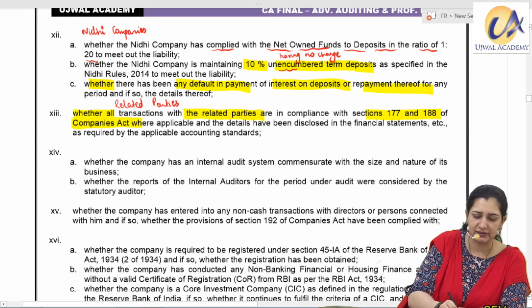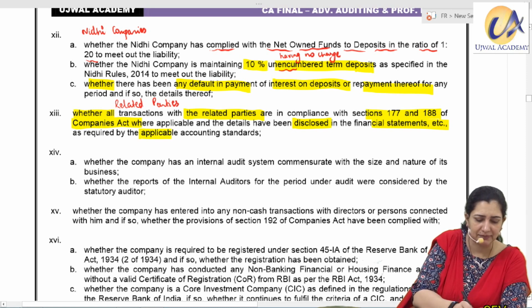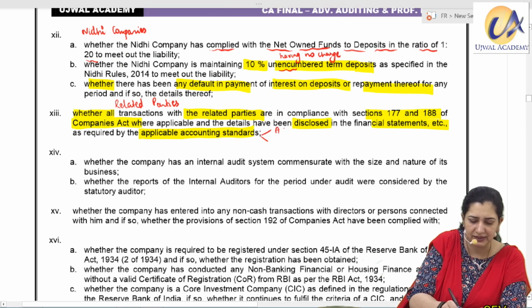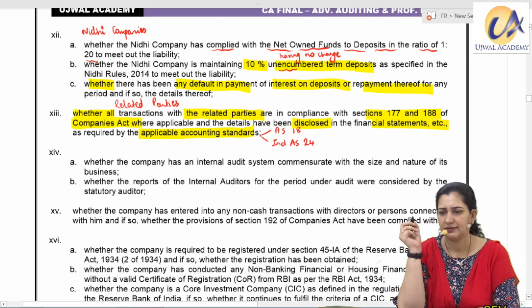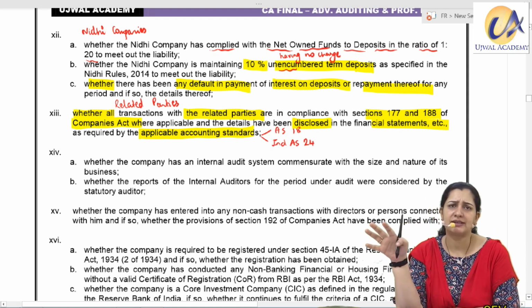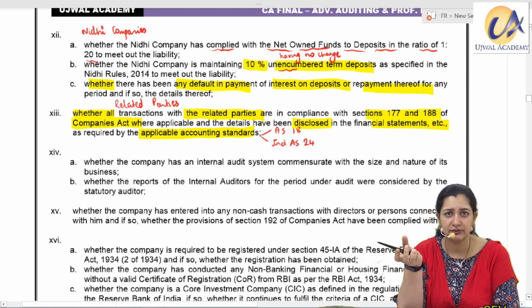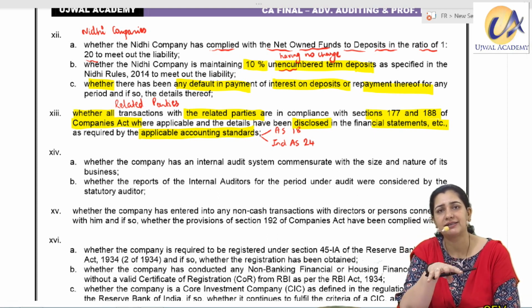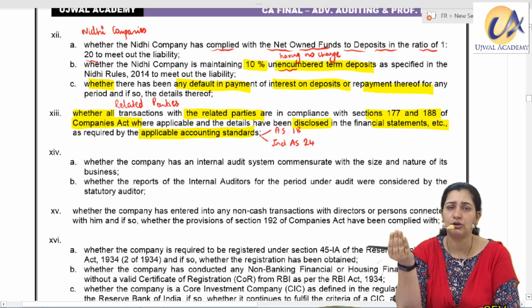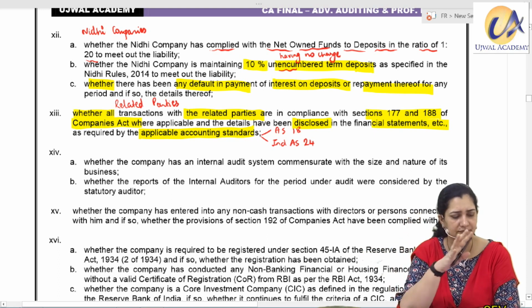Not only that, they have to be disclosed properly in the FS as per applicable accounting standards, which could be AS 18 or Ind AS 24. Section 177 deals with the audit committee, and section 188 deals with related party transactions. So we have to see whether all disclosures as per AS 18 or Ind AS 24 are made. Simple.